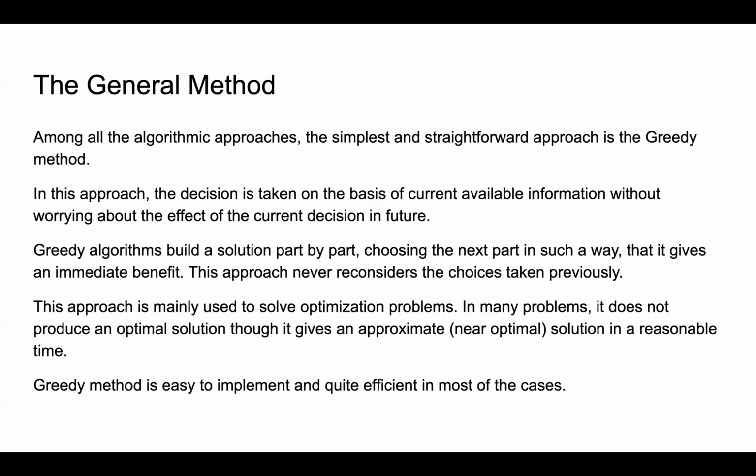And if that immediate benefit choice goes wrong in the context of the next step, that I felt it is not the correct decision taken by me, then also it does not reconsider that step. Means it leaves that state, it does not reconsider. Okay, this is the greedy method.